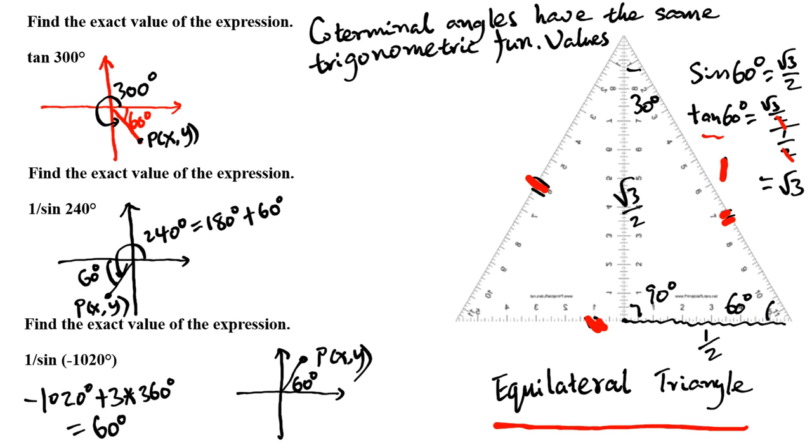So tangent 60 degrees is radical 3 easily. You really do not have to memorize it. You have the picture. This is 1, this will be 1/2, and then radical 3 over 2. You have everything you need in this picture.